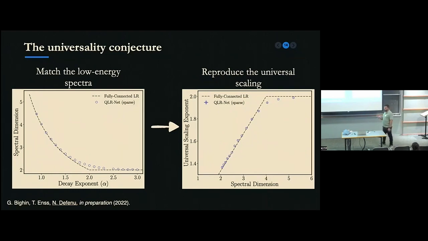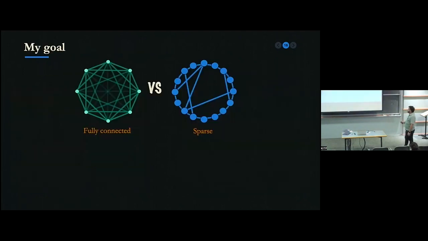It can be written as a quadratic field theory, but self-avoiding random walk is a phi to the 4 theory in some crazy limit. And when you compute these critical exponents numerically, you see that the one of the sparse model and the one of the fully connected model do agree almost perfectly. There is a little bit of a mismatch, but this is in 4 dimensions, where we know there are logarithmic corrections. So these mismatches in these two plots are mostly due to finite size effects. But in here, you see, we have almost a perfect match.